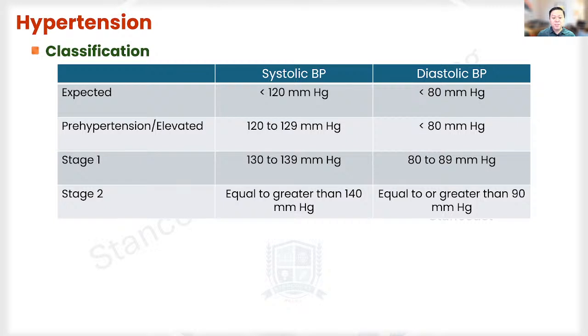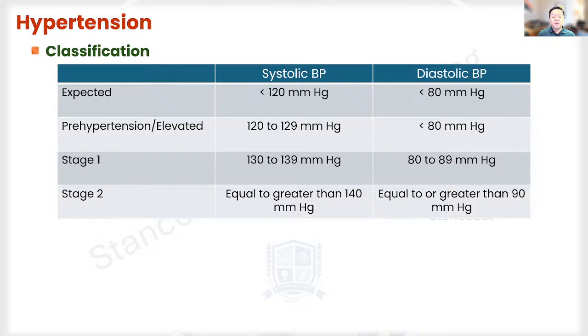The expected range for the adult is basically less than 120 for the systolic and less than 80 for the diastolic. Now, the person is considered to have elevation of the blood pressure, or known as pre-hypertension stage, when the systolic blood pressure is somewhere between 120 to 129 mmHg, and the diastolic pressure is less than 80 mmHg.